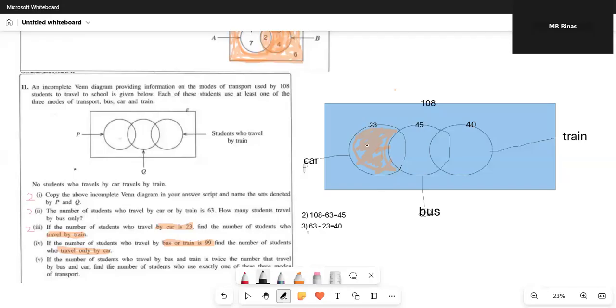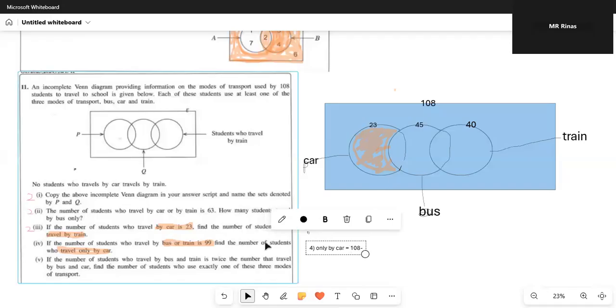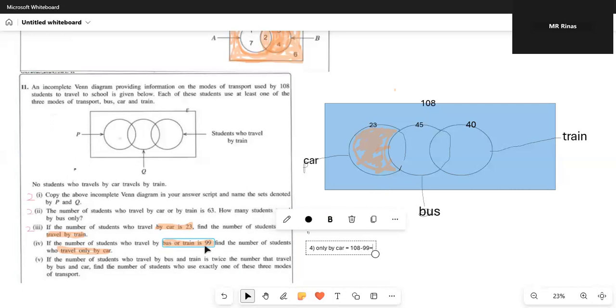The answer to the fourth question, the number of students who travel only by car: the total we had is 108, the students who travel by bus or train is 99, and when you subtract, you get 9. So 9 of them traveled only by car.